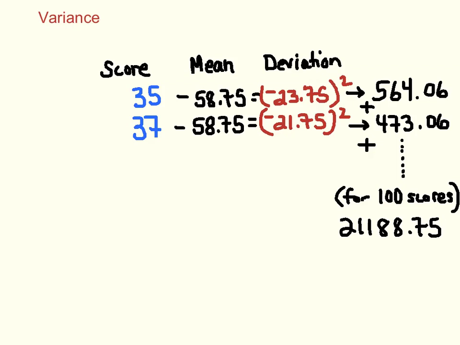So we divide the sum by n minus 1, which is 99, and that equals roughly 214.